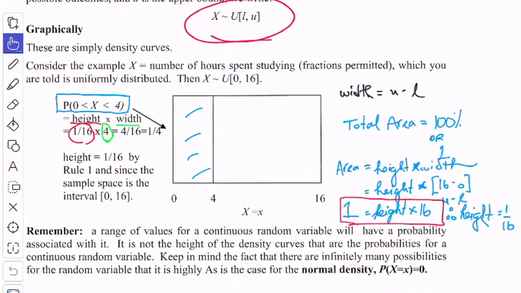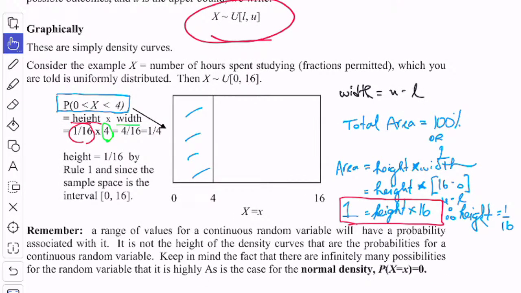There you go. So what does that give me? So I know from that, so that should be immediate. That's how I got this. And so all I have to do is multiply 1/16 times 4 for this width, and so this is 4/16 or 1/4. All right, so that's how we work with uniform, and I'll give you an example in a moment. We'll work with that as well.